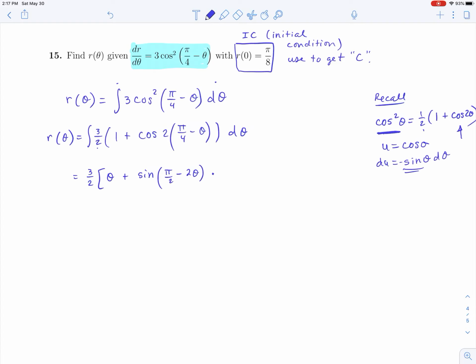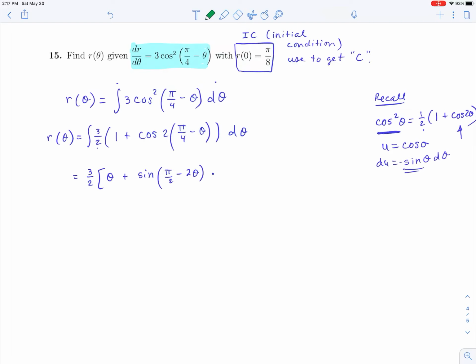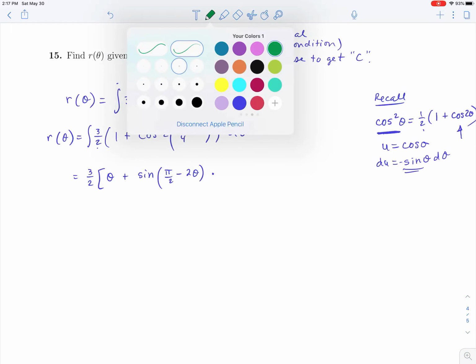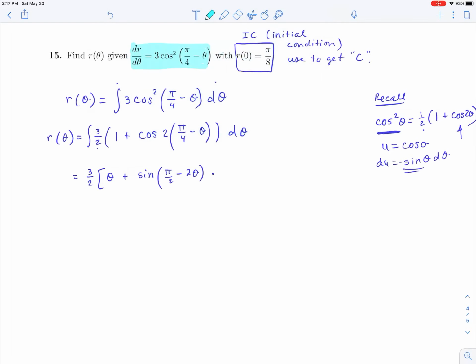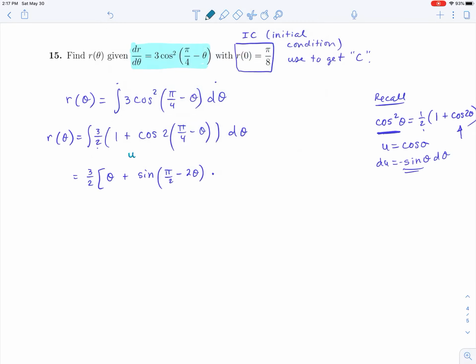times, here's the thing. Okay, so I didn't warn you guys, but hopefully you caught this, that we're doing a mini u substitution here. So, well, that is too light, so let me pick something darker here. If we let u be pi over 4 minus theta, then du is negative d theta.